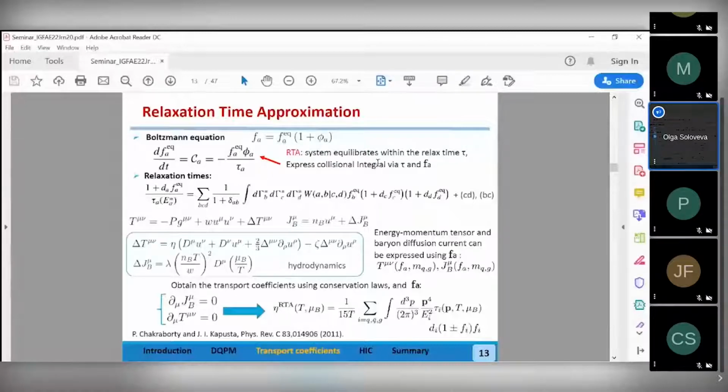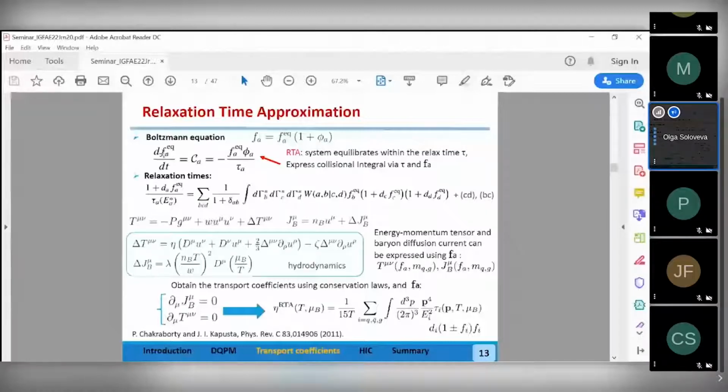In the relaxation time approximation, you can express the collision term as minus f minus f equilibrium divided by the relaxation time. So you can express the difference f equilibrium minus f in this form, where tau is the relaxation time, which expresses the time it takes for the system to reach equilibrium again.